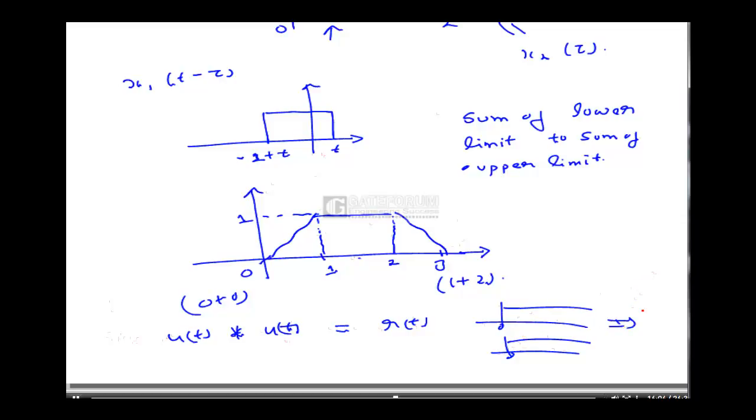I'll get something like this. If they are finite, then definitely it will stop. But if they are not finite, then it will keep on rising. So this is one problem, finding the convolution. Generally, simple problems are asked in the GATE exam from the topic of convolution.